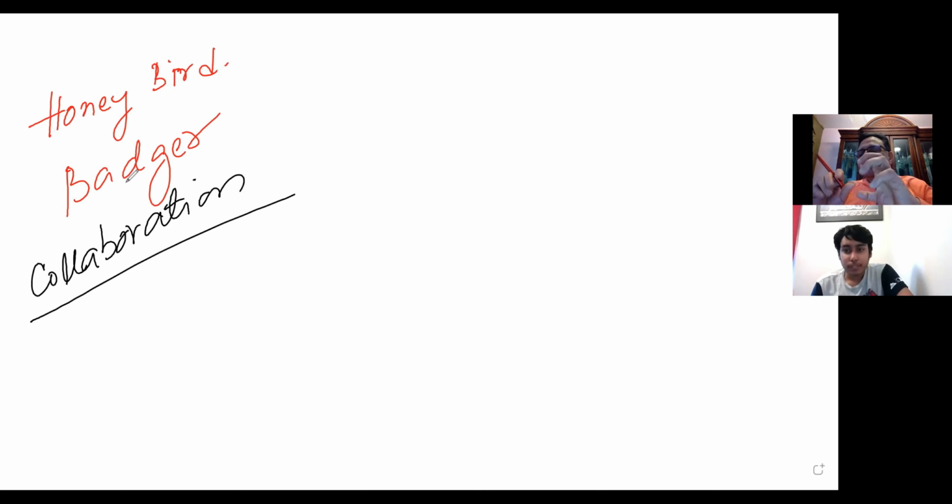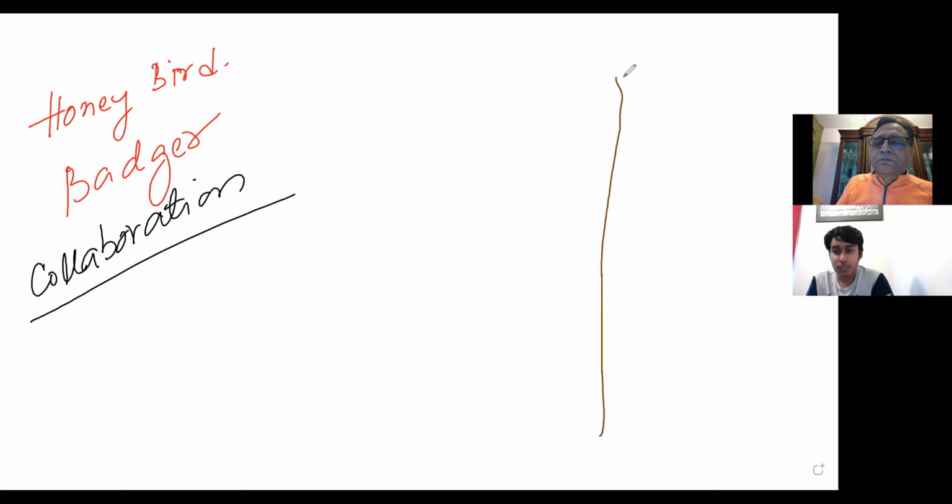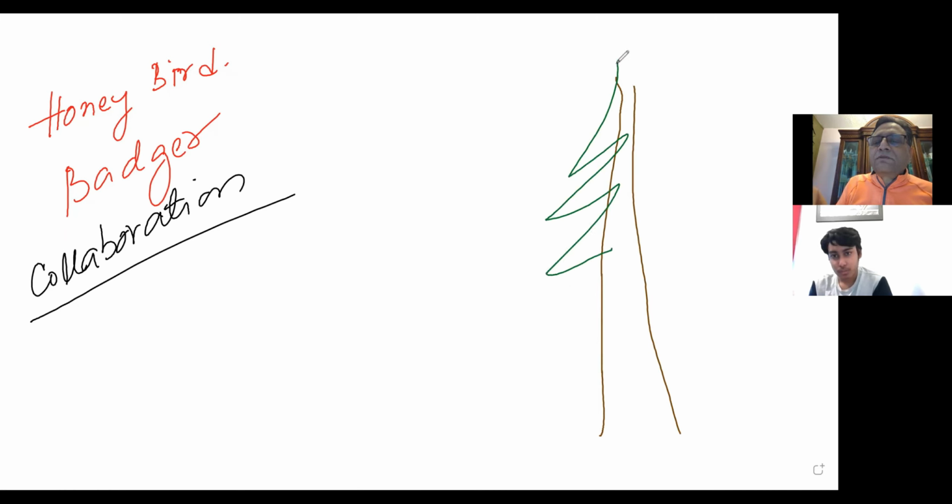The badger has very strong claws, but it cannot see as far away as birds can, because birds fly and can see things very far away, correct? So let's say we make a pine tree.